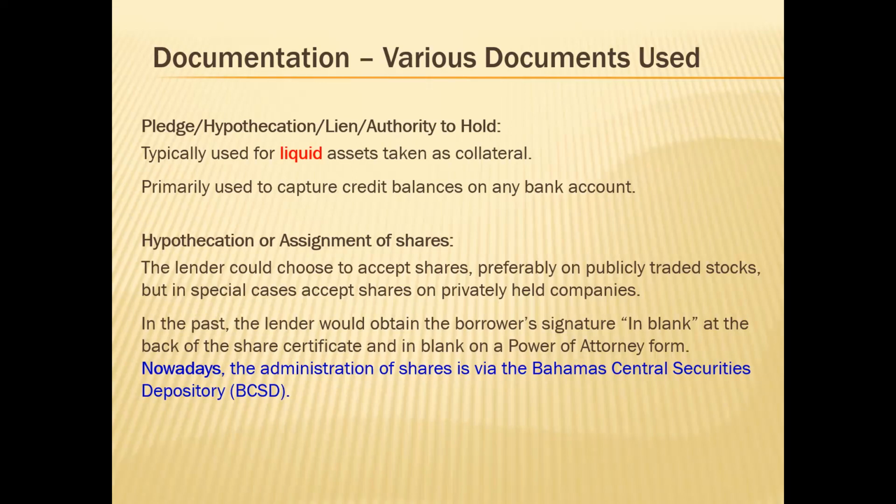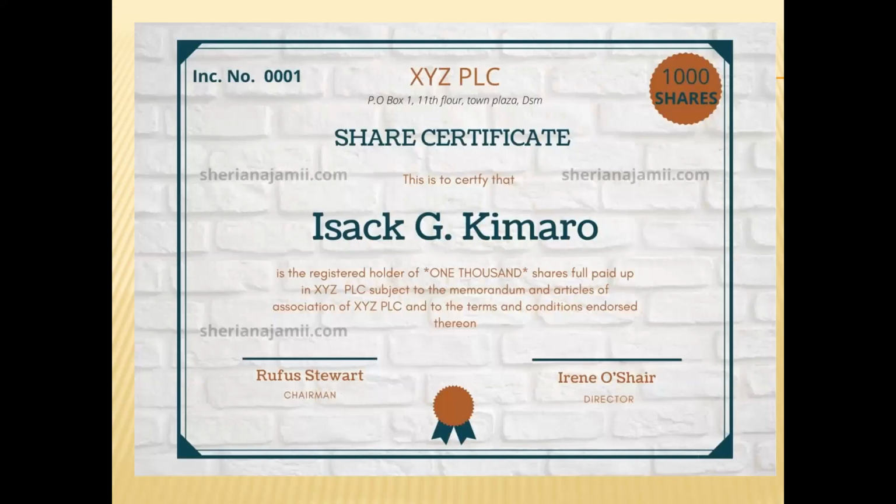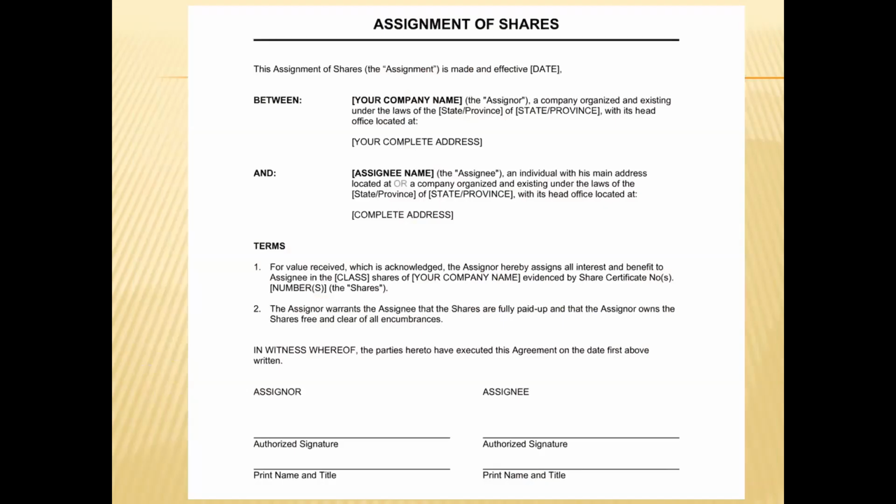So again, that's the share certificate. Here's what a sample assignment of shares form may look like. Okay, so between this company and the person who's assigning them, the terms, one for value received, and then it says the assignor warrants the assignee that the shares are fully paid up, and the assignor owns the shares free and clear of all encumbrances.